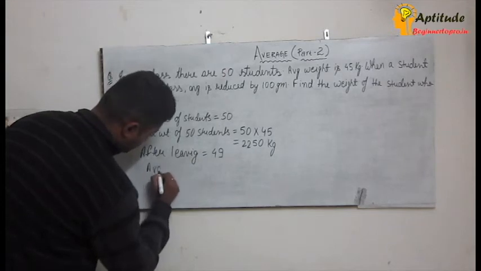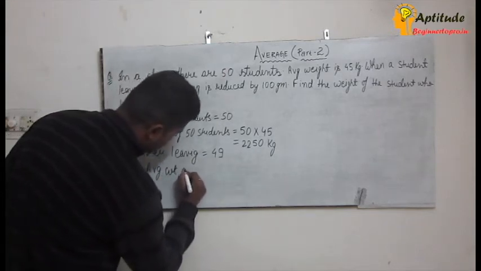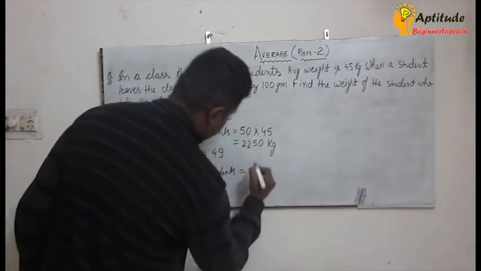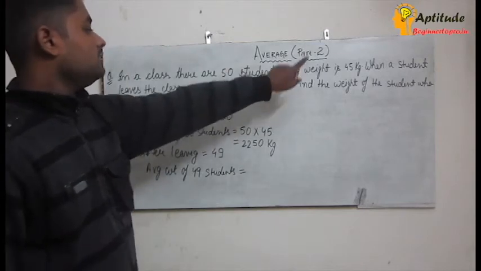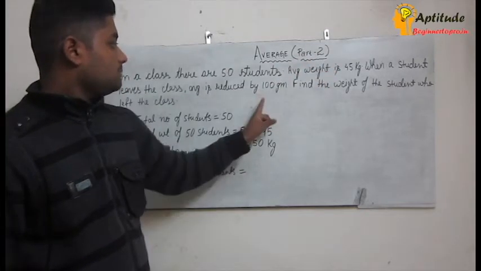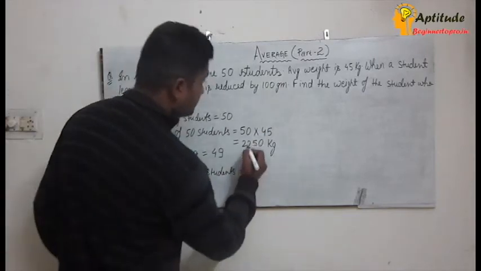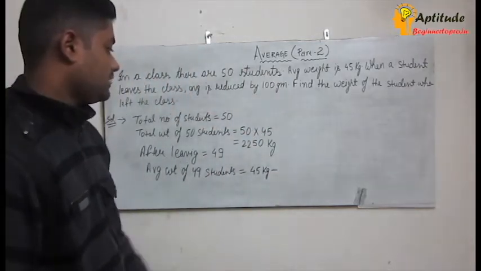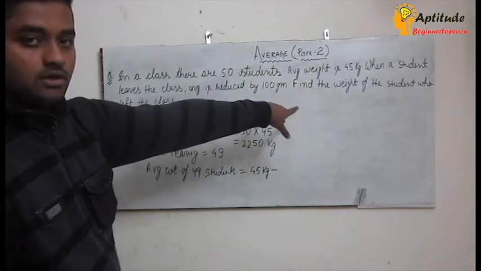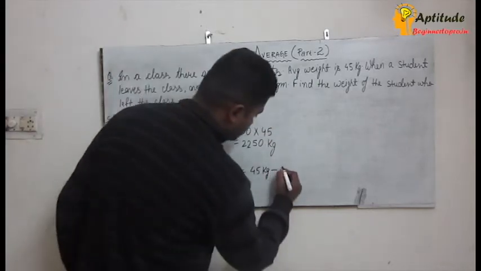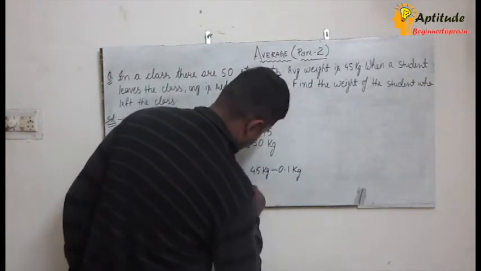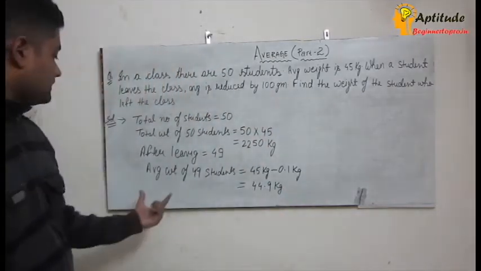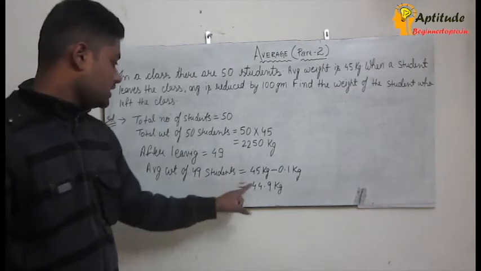So we can calculate the average weight of 49 students, which is nothing but the previous average weight minus 100 gram. Previous average weight was 45 kg minus 100 gram. So convert that 100 gram into kg. So 100 by 1000, which is 0.1 kg. So this will be 44.9 kg. This is what we got, the average weight of 49 students.